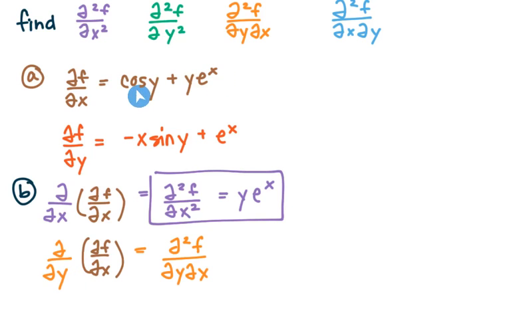So the derivative of cosine y, that is negative sine y. Treating x as a constant, this is a coefficient. That y is going to go away, so I've got plus e to the x.